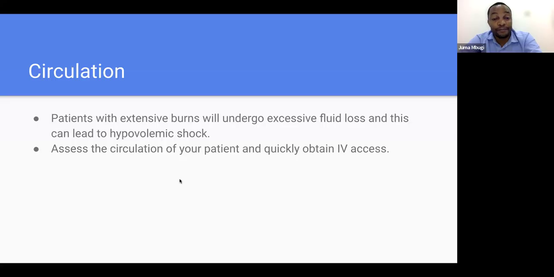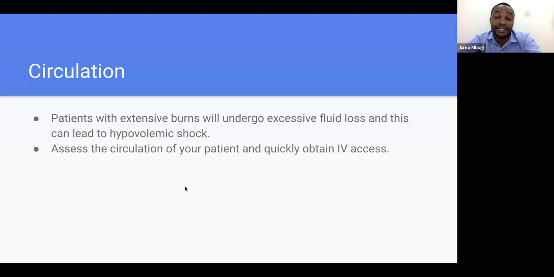If you see any of these three compromised, like the capillary refill is delayed, let's say more than 2 seconds, then think that your patient might be going into hypovolemic shock.